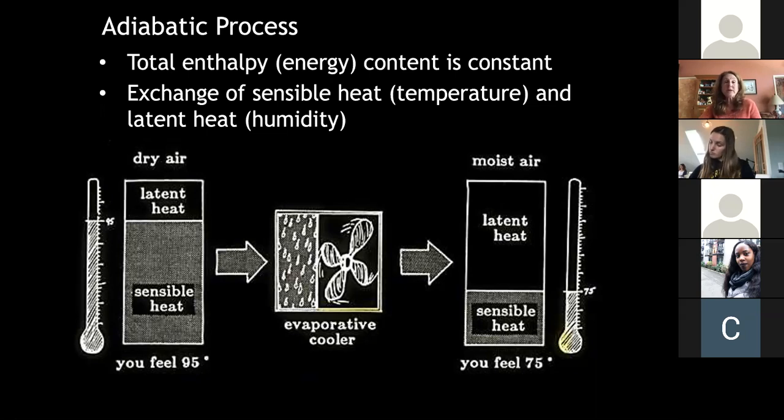What you are doing is you're exchanging how much of that energy content of the air is due to its temperature, which we call sensible heat content, or due to its moisture, which we call latent heat content. So you're trading hot, dry air that has a large sensible heat content to cooler, moist air that has a larger latent heat content. But the total energy or enthalpy content of the air is constant, and that's called adiabatic.